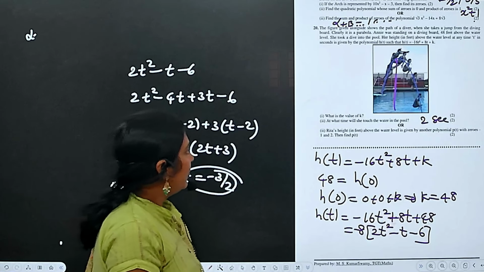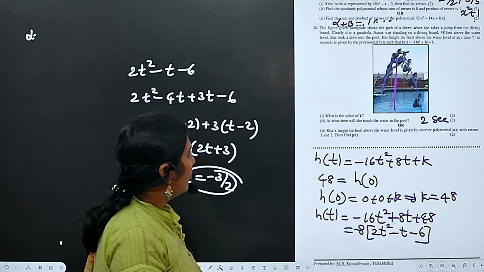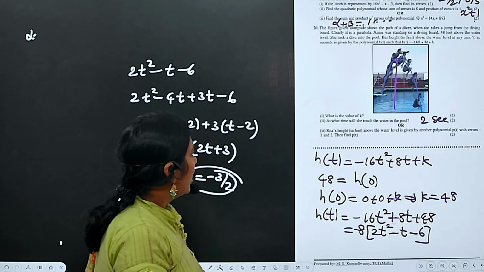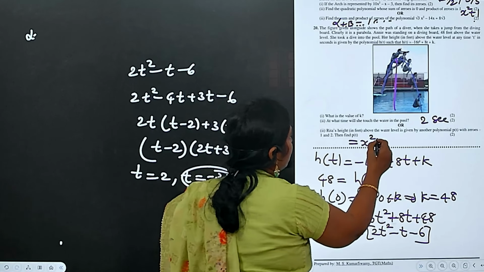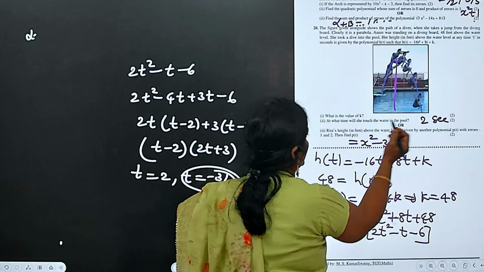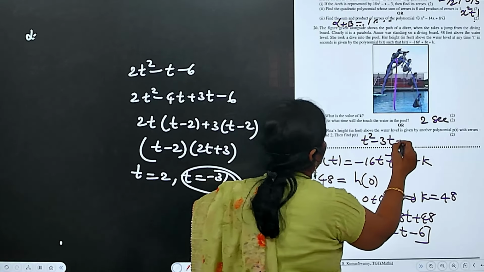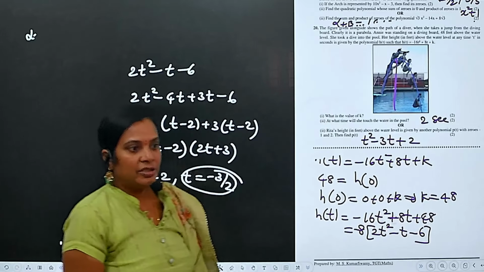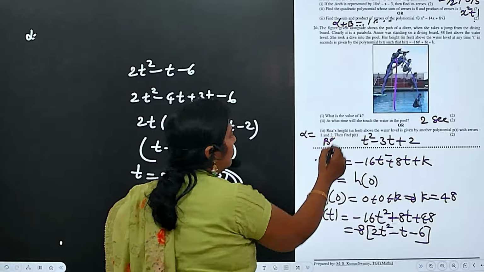Rita's height in feet above the water level is given by another polynomial P of T with zeros 1 and 2. Then find P of T. It is equal to T square minus 3T plus 2. Zeros అన్నప్పుడు alpha equal to 1, beta equal to 2.